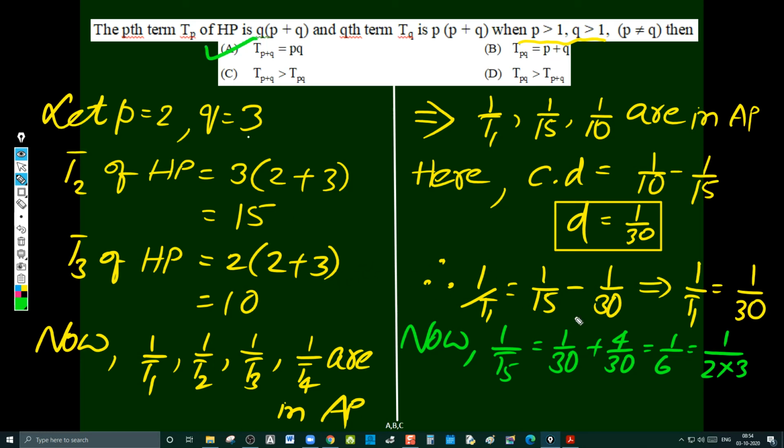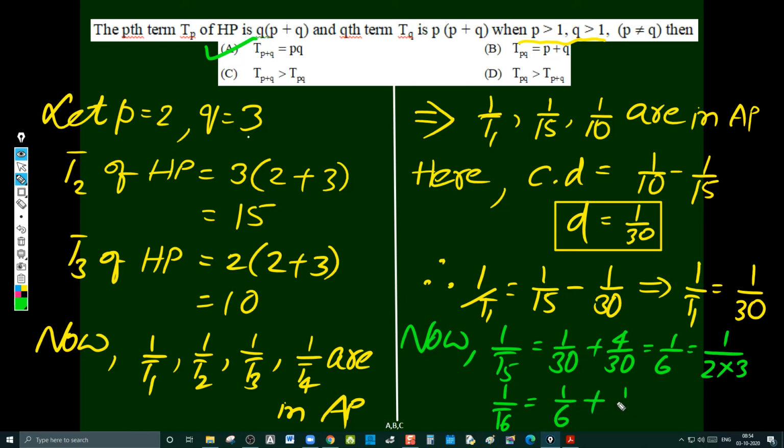Similarly, coming to TPQ means T6. It's immediate to this one. That is 1 by T6. Immediate term to this. 1 by 6 plus 1 by 30.